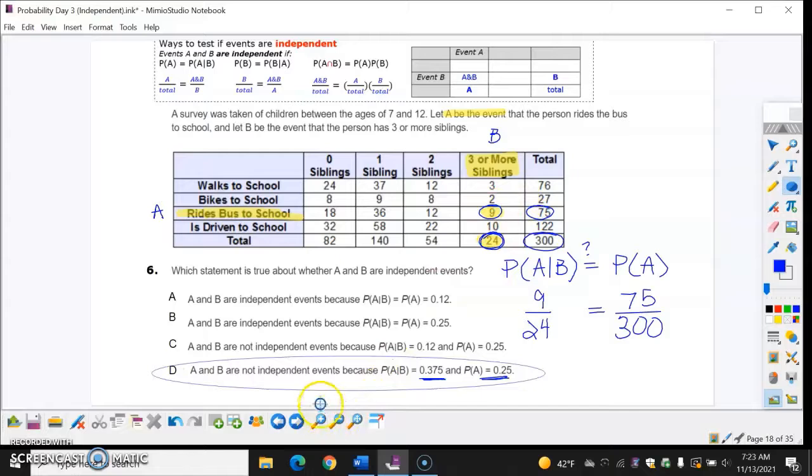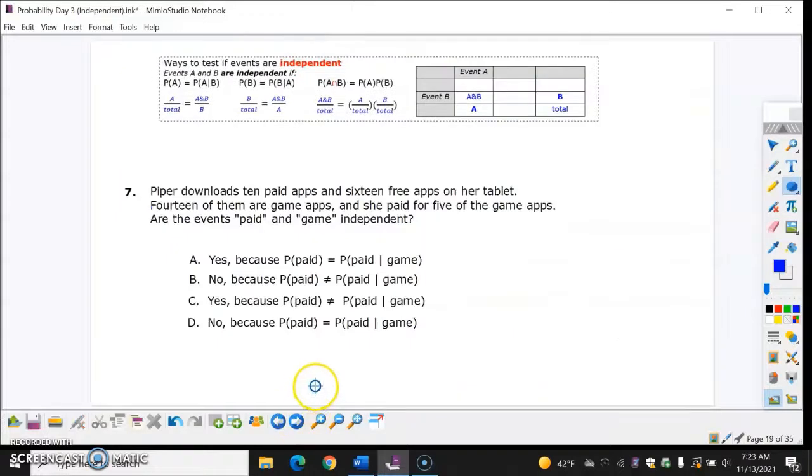So they are not independent because if you ride the bus to school, there's a different percentage that have 3 or more siblings.